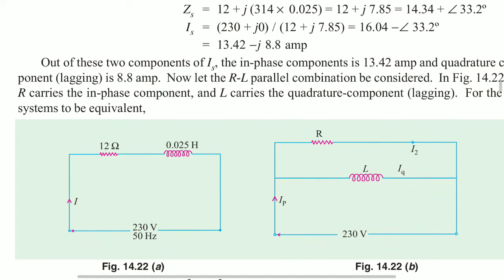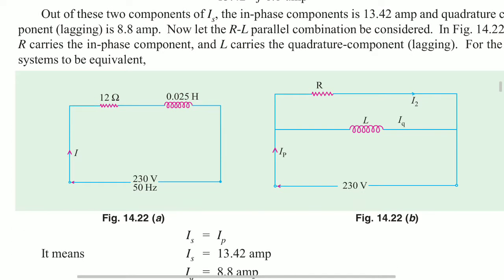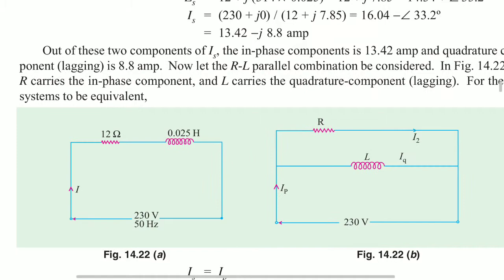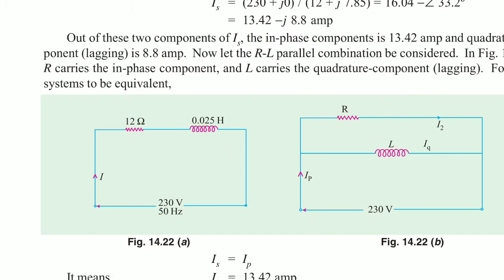For the two systems to be equivalent, the same current is flowing in circuit A and circuit B. Here Is is equal to Ip, that means the series current in figure A is equal to the parallel current in figure B. Figure B means the parallel circuit.